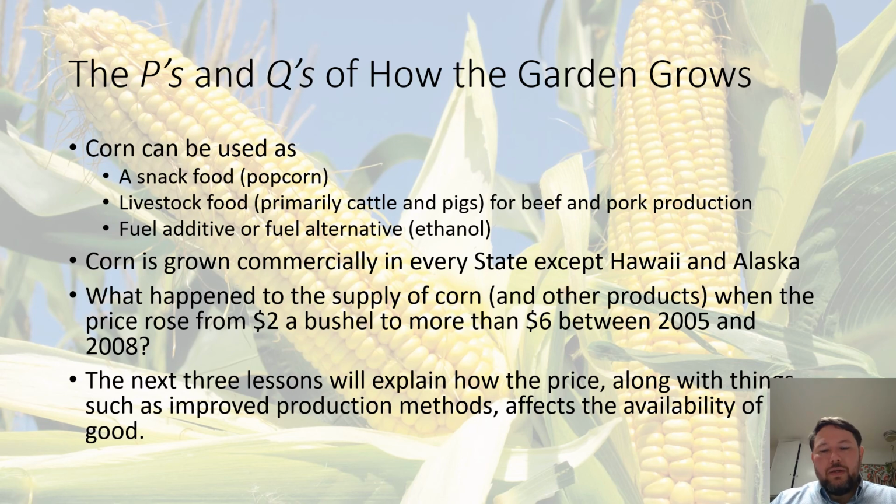So all of these took place, and these are all ways that price, supply, and other factors interact and determine the overall supply of a good or service. In the next 3 lessons, we're going to look at that. We're going to start with just the relationship between price and quantity supplied, and then we'll get into some other things that impact supply.